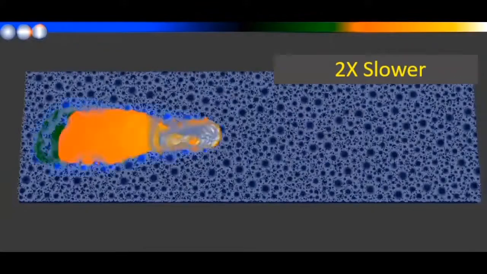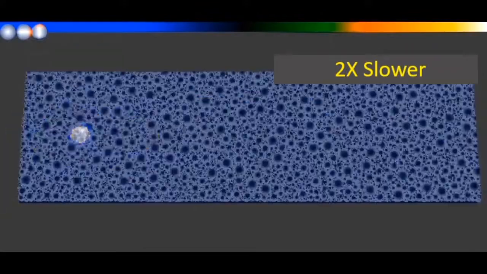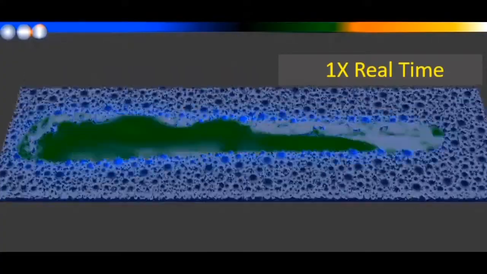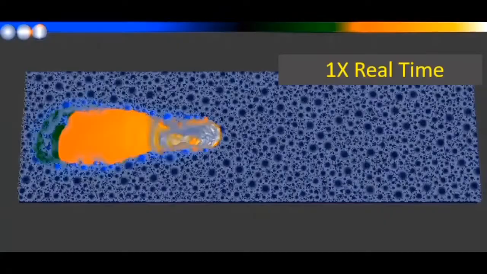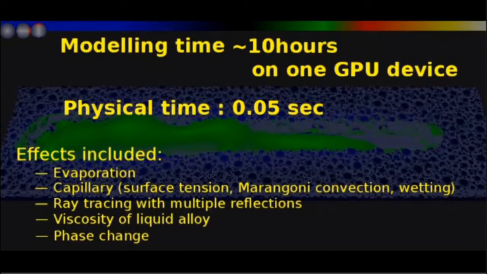So now we run it 20 times slower, 2 times slower, then we run it real time. And the idea to capture is, in that real time, all those dynamics are actually happening. What we've seen is that those dynamics are on the order of about 1 kilohertz.